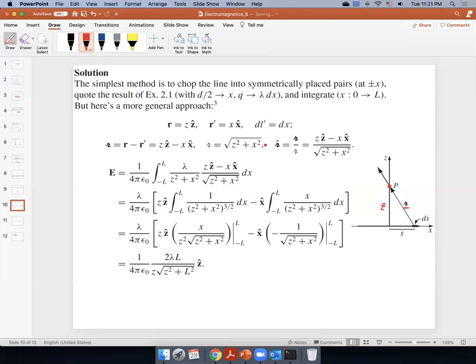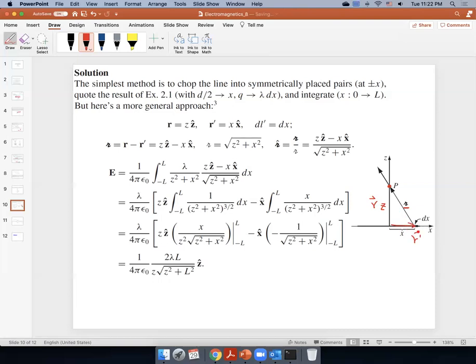Here, dl prime equals dx. The r prime here is x in the x direction. So from here to there, this is r prime. This is r.